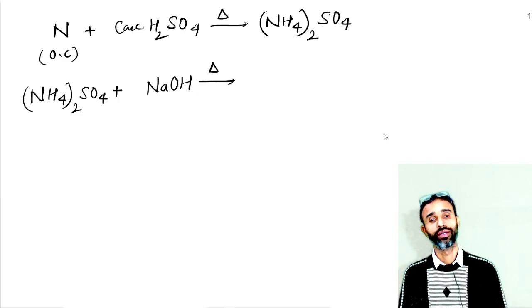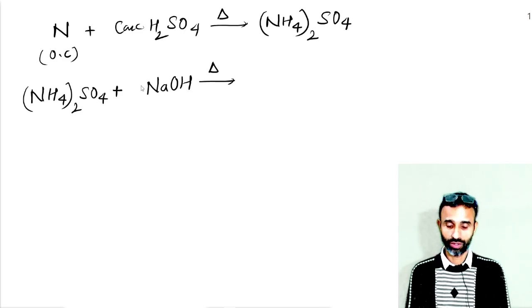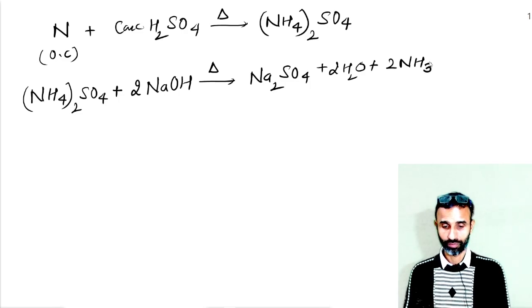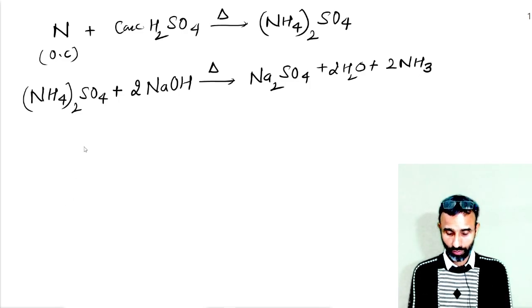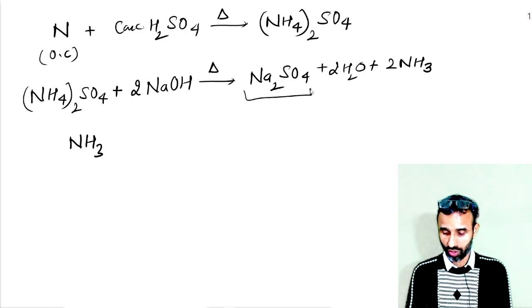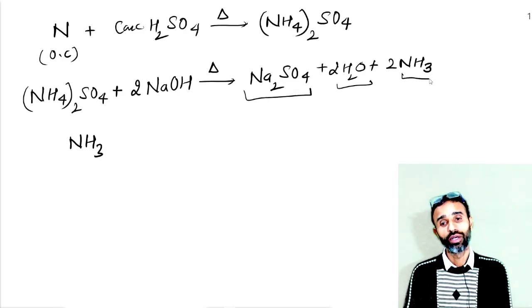Then we react it with excess of sodium hydroxide. So whole of the ammonium nitrogen, which is in the form of ammonium sulfate, will give us ammonia gas, along with salt and water. Ammonia is a base.